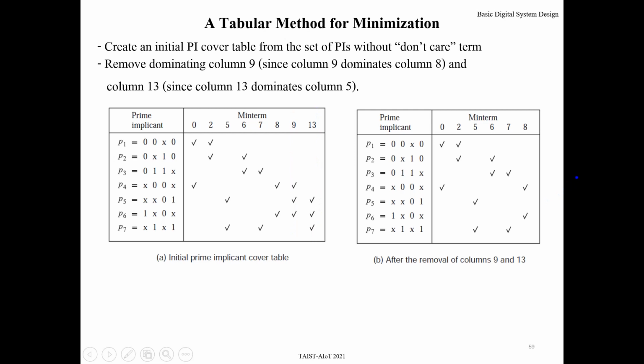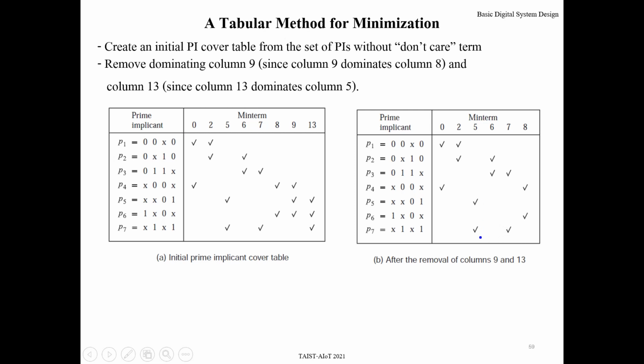After that, you can find out if there is some dominated row, or some essential prime, or some dominating column. If yes, you can remove it. So from this one, we find something.